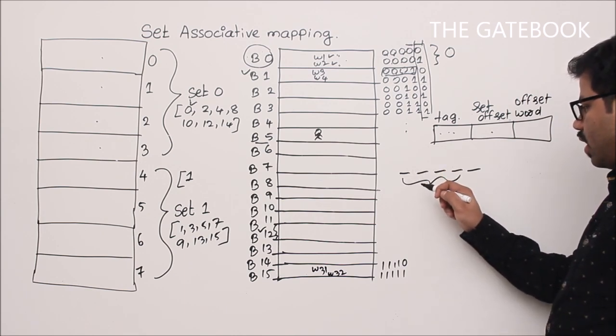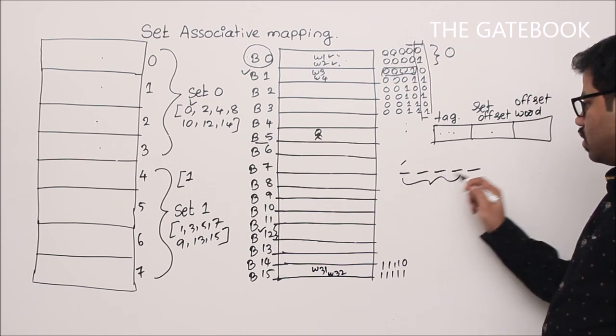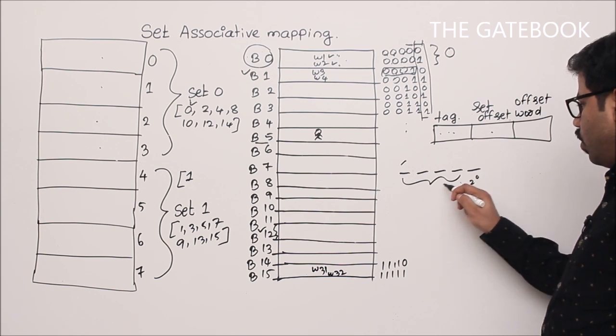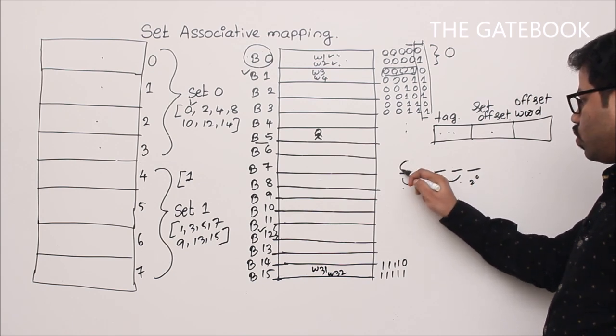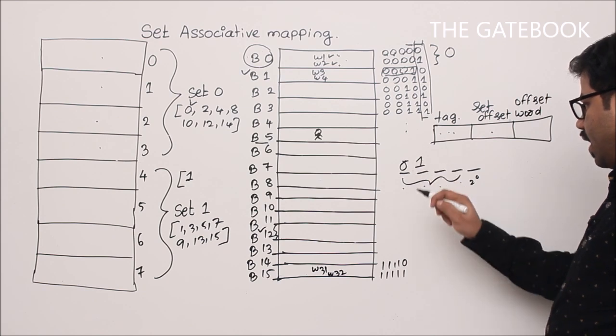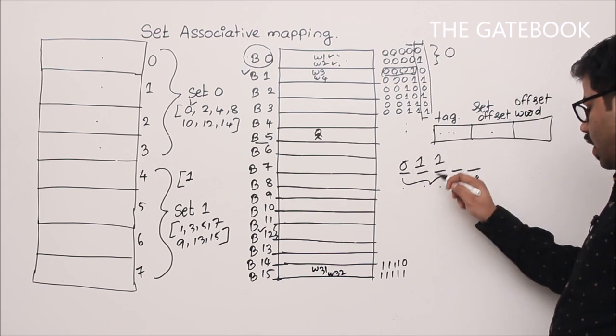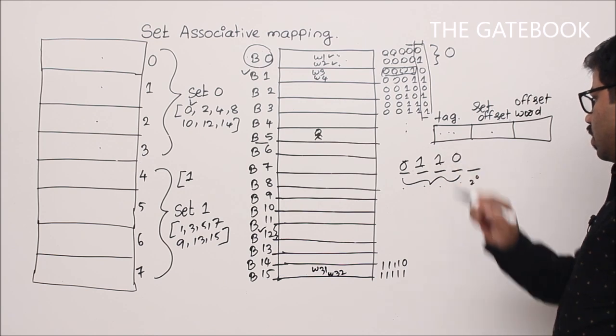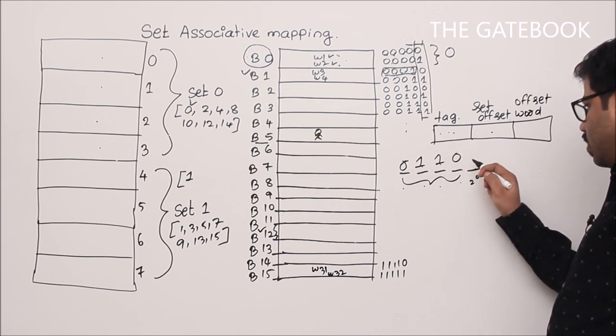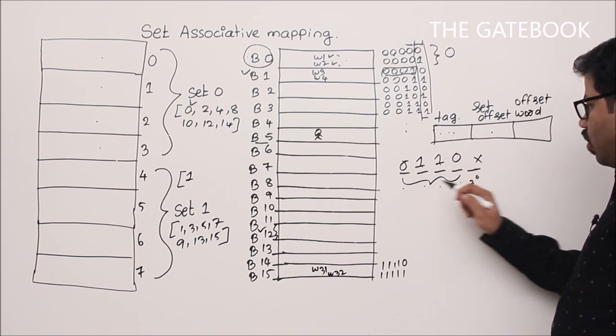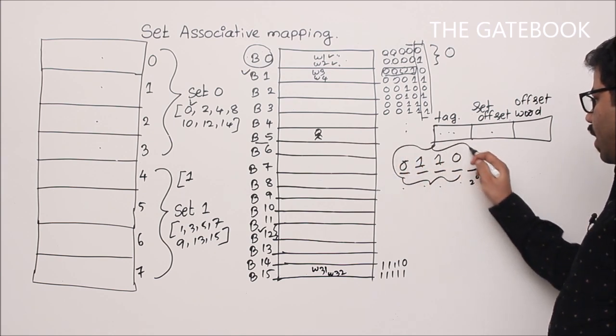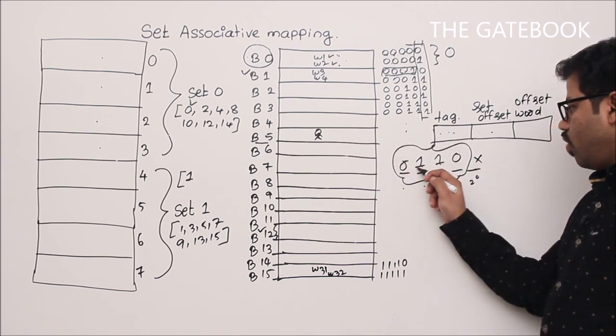So write the binary pattern for 12. This is 2 power 0, 2 power 1, 2 square, 2 cube, 2 power 4. 2 power 4 is 0, 2 cube will be 8, 2 power 2 will be 4. 8 plus 4, 12. Now this is for word offset, ignore it. I am just talking about the main memory block number. This is your main memory block number, 0110.